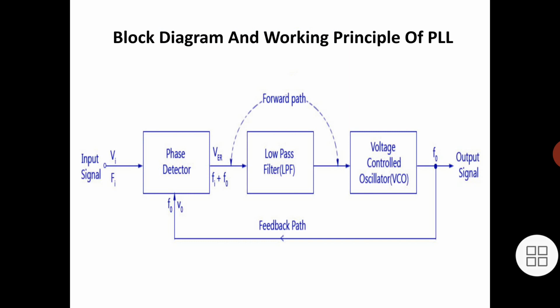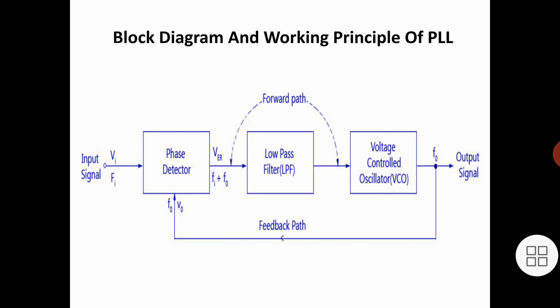When an input periodic signal Vi of frequency Fi and VCO output signal voltage V0 of frequency F0 are applied to the PLL, the phase detector produces a DC or low frequency signal VE, which is proportional to the phase difference between the input signal Vi and the VCO output signal V0.